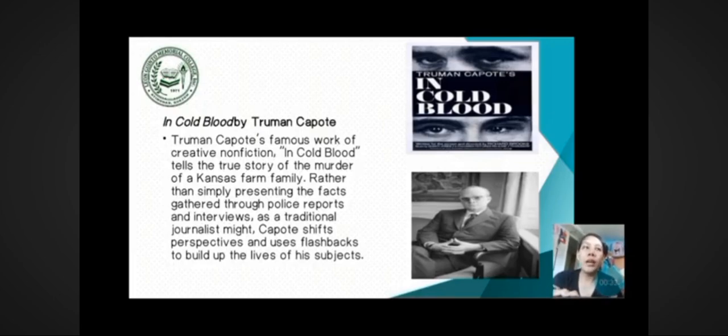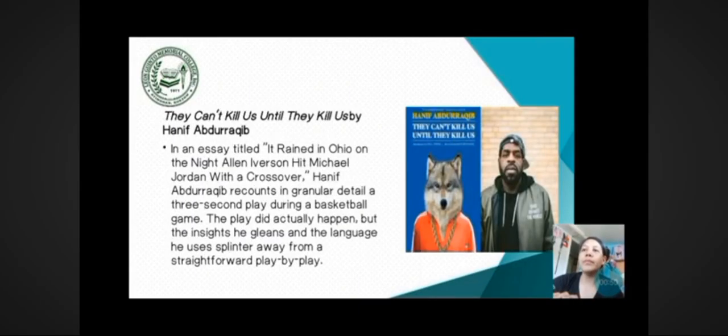He uses flashbacks and the point of view of the people involved in that murder. So it's a factual story, but he uses flashbacks so it will be more engaging too.